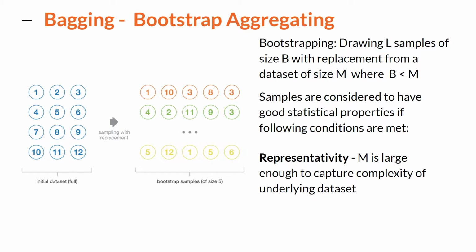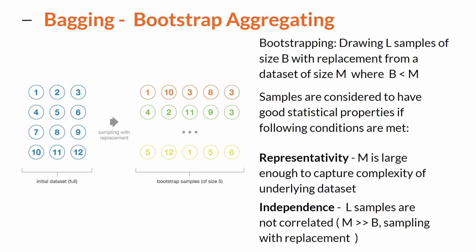So imagine that you're trying to build a model for spam detection in an email security system. You don't have access to all of the emails in the world, and usually not even all the emails in the system. You have access to a subset of that data. So it's important that M is large enough to capture the complexity of that underlying data set.